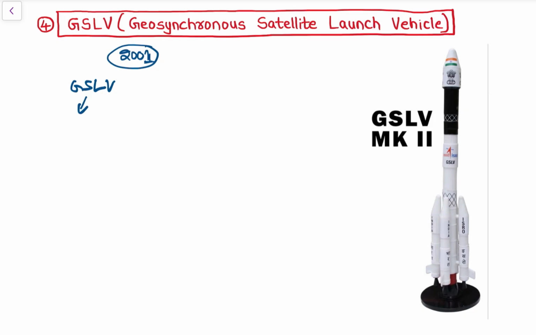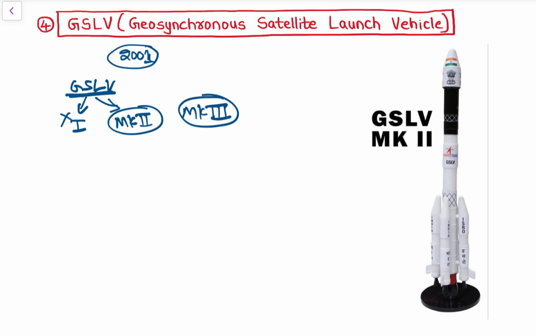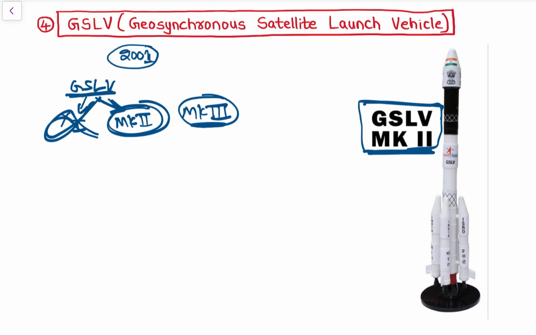We directly launched GSLV Mk2, and then we launched GSLV Mk3. So whenever we talk about GSLV, we will be talking about GSLV Mk2. GSLV Mk1 is nothing. So there are GSLV Mk2 and GSLV Mk3.